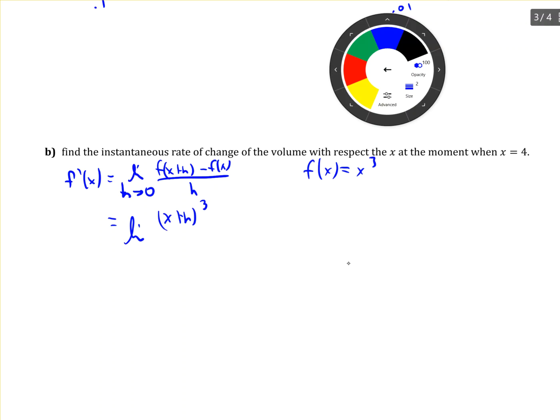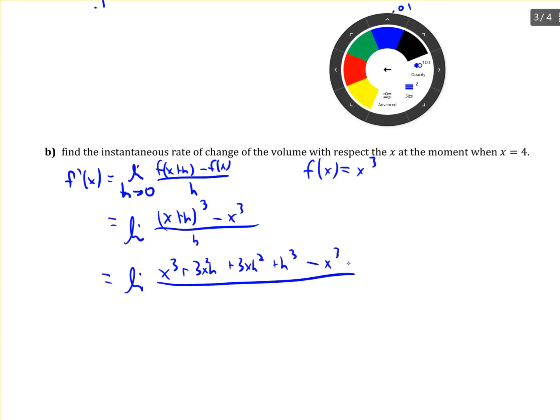So I get x plus h cubed minus x cubed over h, which equals, again, use our good old binomial theorem, and we get x cubed plus 3x squared h plus 3xh squared plus h cubed minus x cubed over h. The x cubed minus x cubed go away. And so I get 3x squared h plus 3xh squared plus h cubed over h.